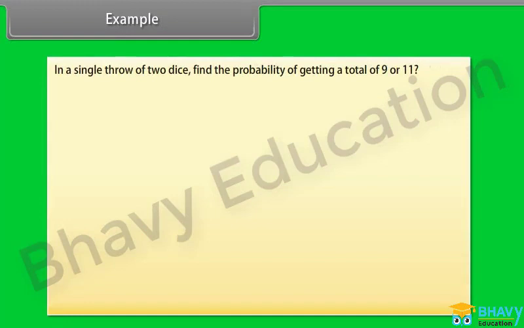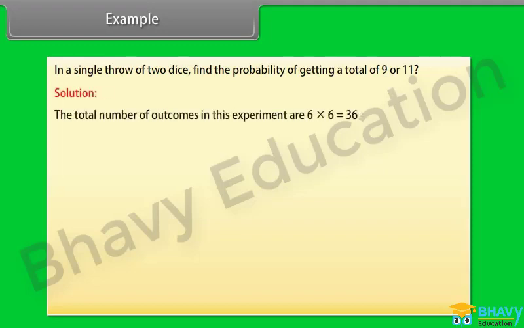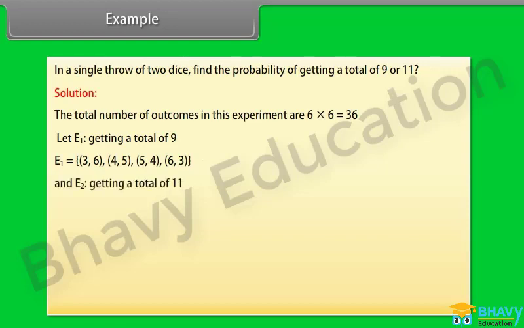In a single throw of 2 dice, find the probability of getting a total of 9 or 11. Solution. The total number of outcomes in this experiment is 6 into 6 is equal to 36. Let E1: getting a total of 9. E1 is equal to {(3,6), (4,5), (5,4), (6,3)} and E2: getting a total of 11.